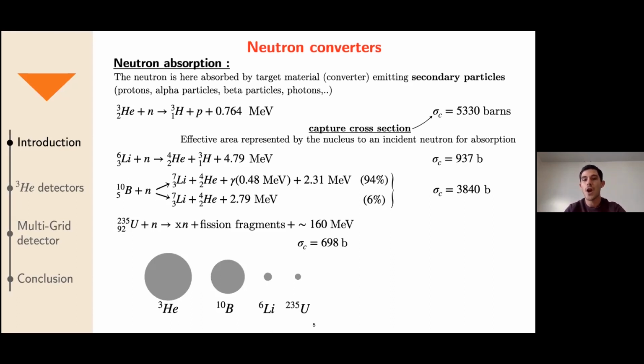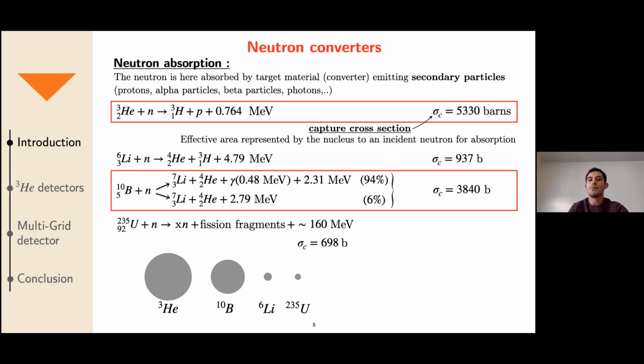The capture cross-section is then the probability of capture between an incident neutron and the target nucleus. Helium-3 and boron-10 have a large cross-section compared to lithium-6 and uranium-235. This is why we will focus on the reaction between neutrons and respectively helium-3 and boron-10 during this seminar.